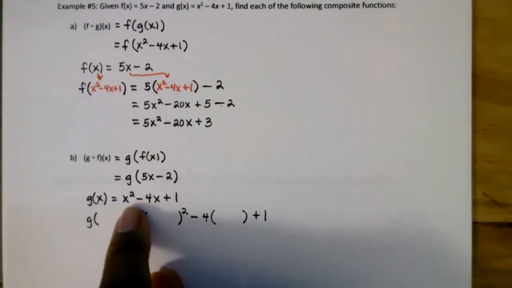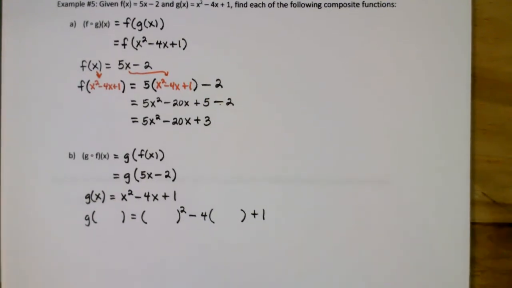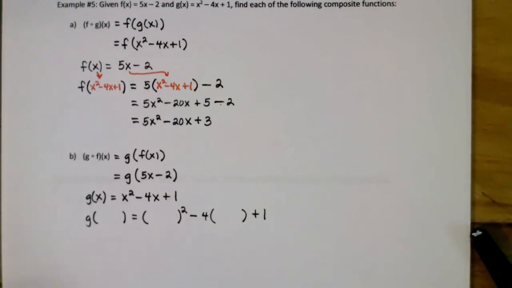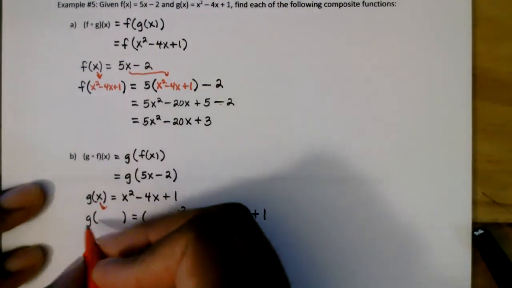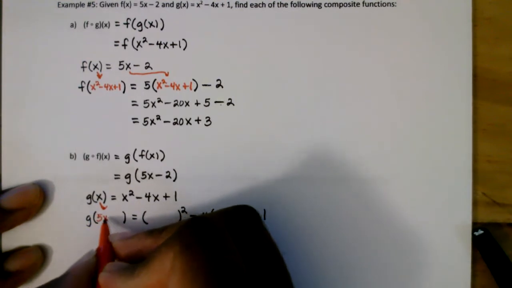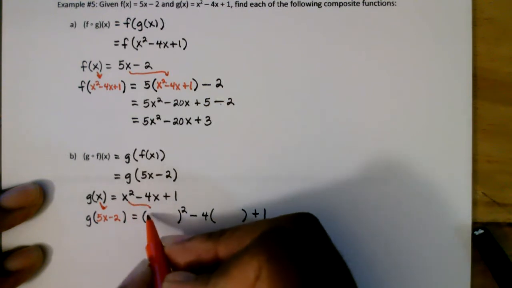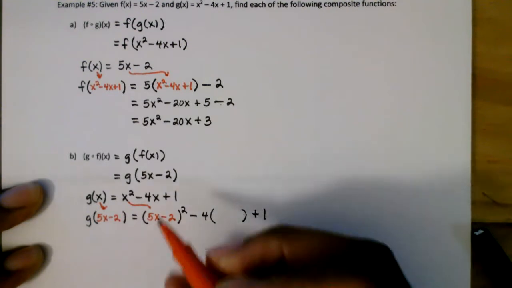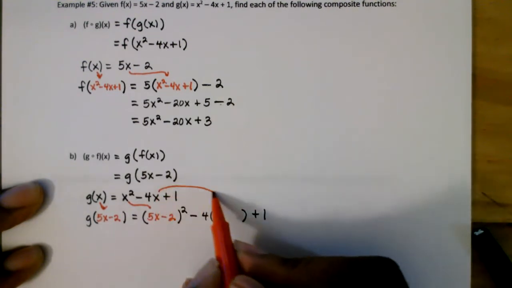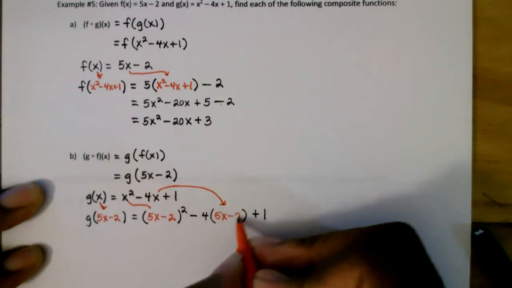And that exponent of 2 is part of the x squared in the g of x function. So now, in g of x, this x is replaced with what f of x is, which is 5x minus 2. So in x squared, I'm going to substitute the x with 5x minus 2. So I get 5x minus 2 quantity squared. And in the 4x, that x will be replaced with 5x minus 2.